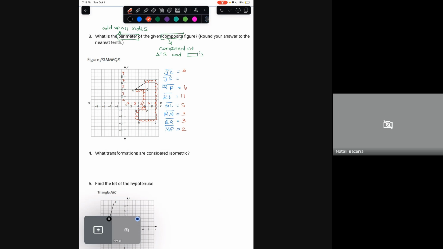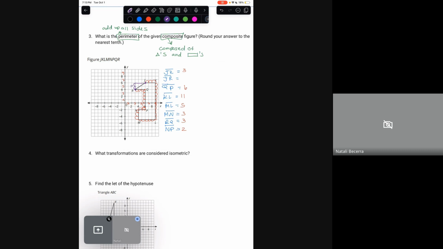Okay, so JR is hard because it's slanted. So I can't just count the squares. It's at a diagonal, right? So again, you can either do the distance formula or you can do the Pythagorean theorem. So for this one, I'm going to go ahead and do the Pythagorean theorem. So I'm going to create my auxiliary lines.